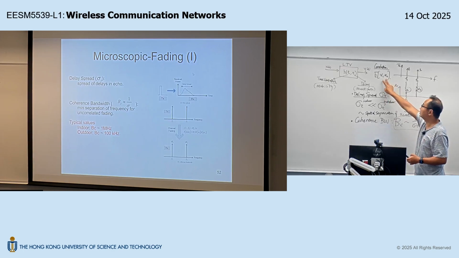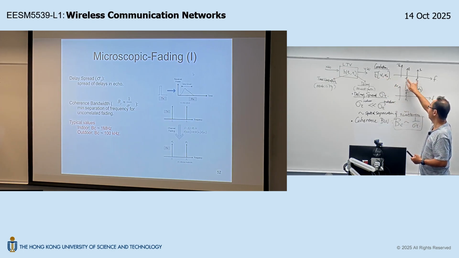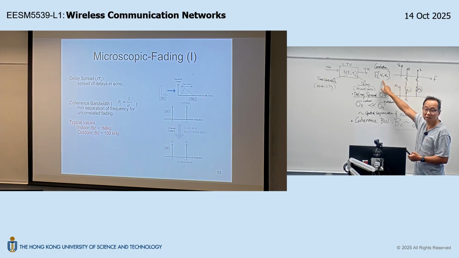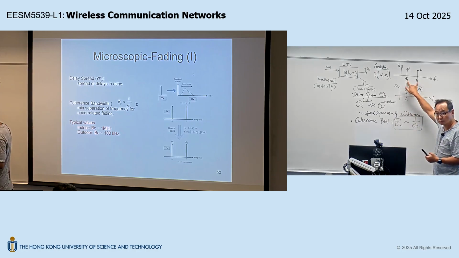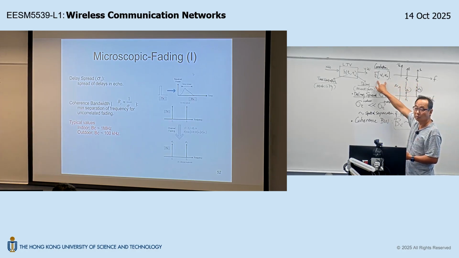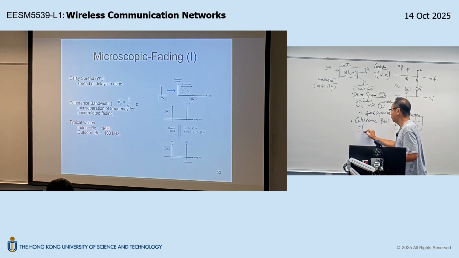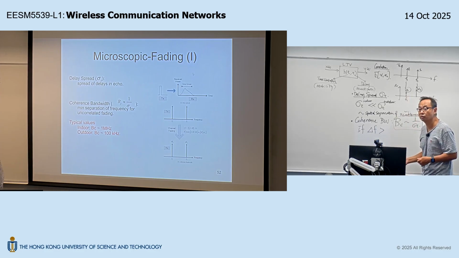Now, regarding coherence bandwidth, it turns out that, okay, I skip all the proof. Turns out that the correlation between alpha 1 and alpha 2 depends heavily on the frequency separation. The larger the frequency separation is, the less correlated they will be. Okay? So coherence bandwidth is the minimum frequency separation such that this correlation would be small. Is that okay? So that means if the frequency separation is sufficiently large, how large is sufficiently large?